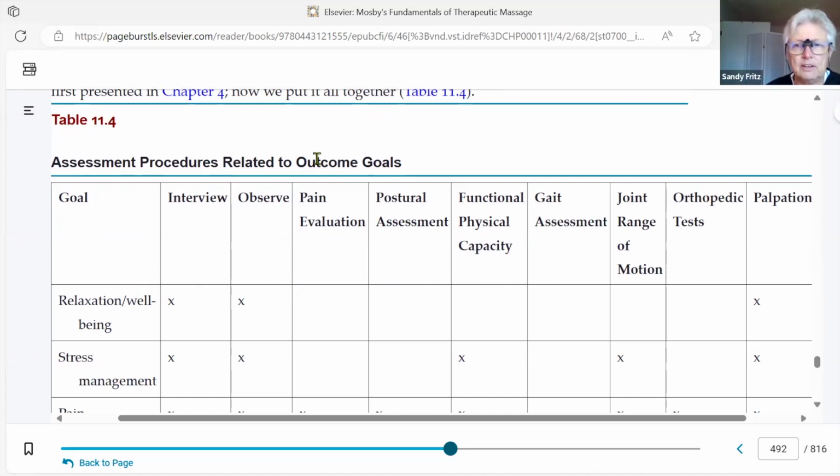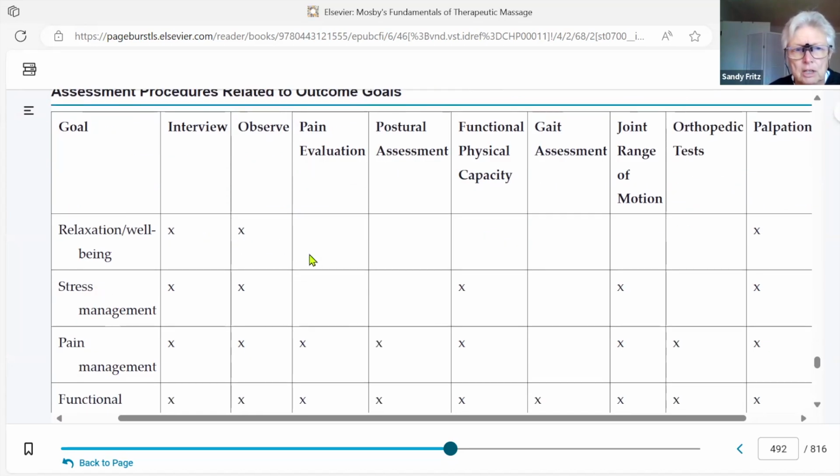So it takes the various assessment procedures and identifies what you would take a look at based on the evidence-informed outcome goals. So with relaxation, outcome, and well-being, what you will see is that we're primarily looking for systemic and local contraindications.